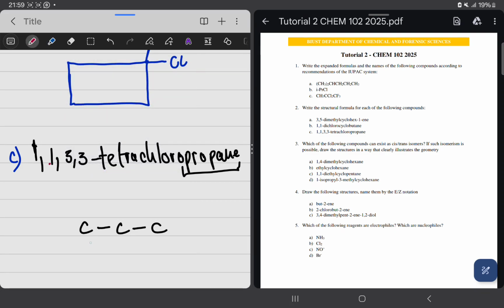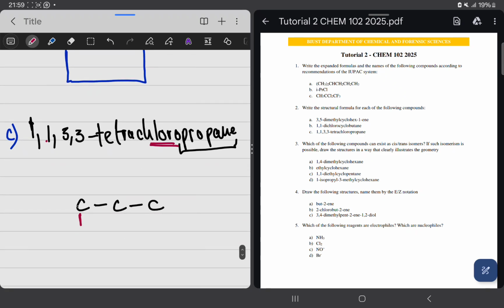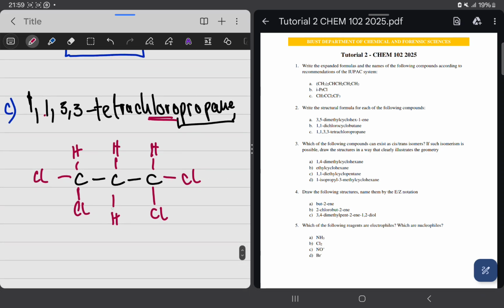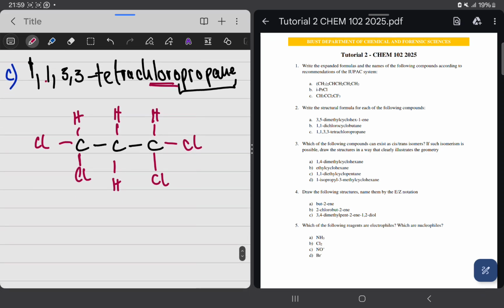Now we have on carbon number 1 and carbon number 3 chlorines. So carbon number 1, we have a Cl and a Cl. Carbon number 3, we have a Cl and a Cl again. Then here we have an H. Then, of course, here we would have H's and an H here. And now this is 1,1,3,3-tetrachloropropane.